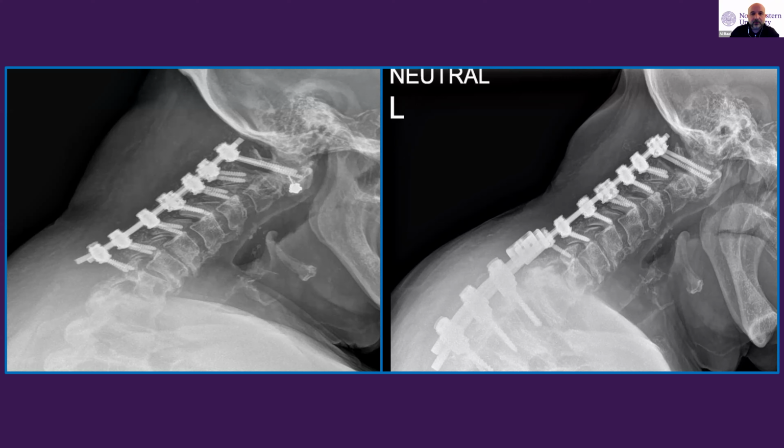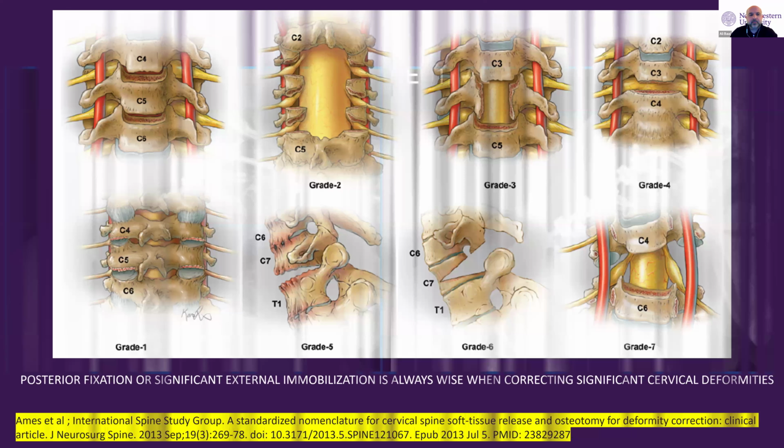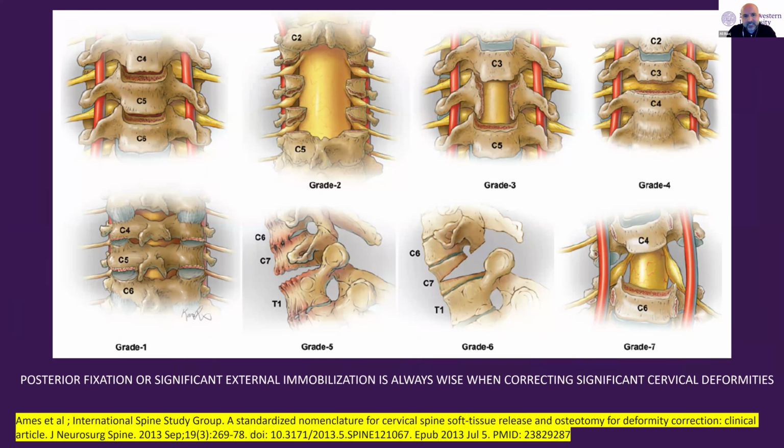That's not really ideal. This is a classic paper written by Dr. Chris Ames and his team on the different types of osteotomies that are needed to correct cervical spinal deformity. I would say the reality is most of us employ 3 or 4 different types of resections. It is extremely uncommon to start getting into the grade 6, 7, etc., unless you're doing total spondylectomies and en bloc resections for tumor.